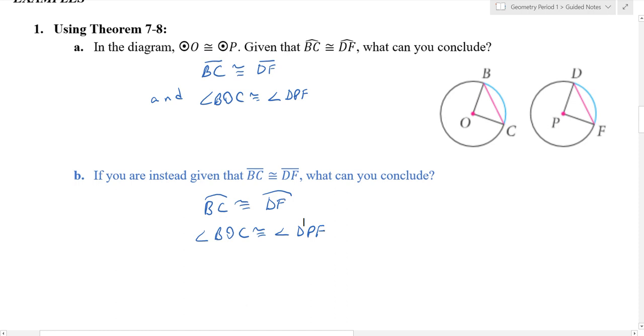And since we have all that, we can now say also that circle O is congruent to circle P. All those we can conclude, assuming that that's all they gave us. All right, moving on to the next thing.